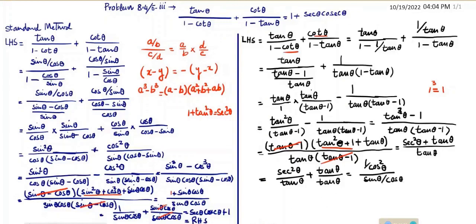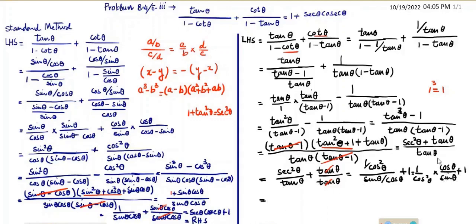This term is again the division of a fraction by a fraction. So numerator multiplied by the reciprocal of the denominator.